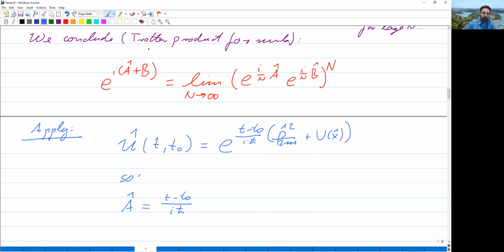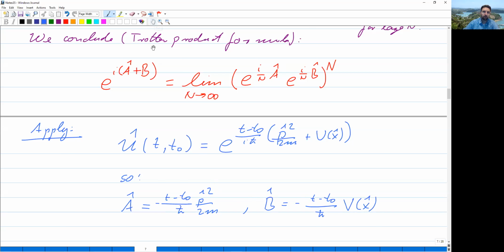I'm sorry, the i is already contained here. So it's a minus. And then p hat squared over 2m. That's our A operator. And then the B operator is minus (t minus t naught) divided by h bar, v of x hat.